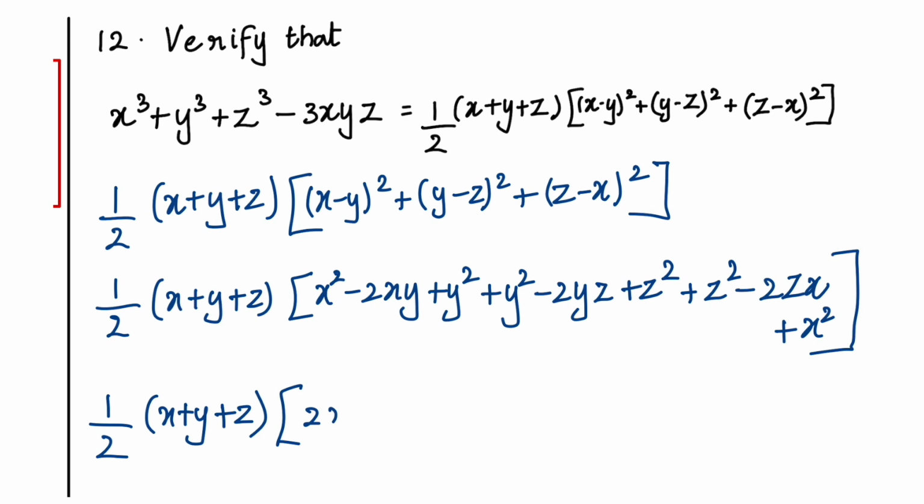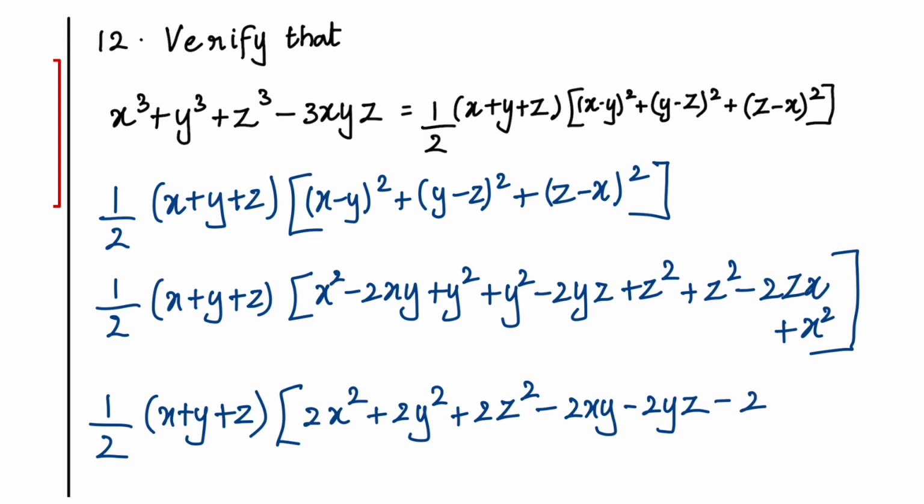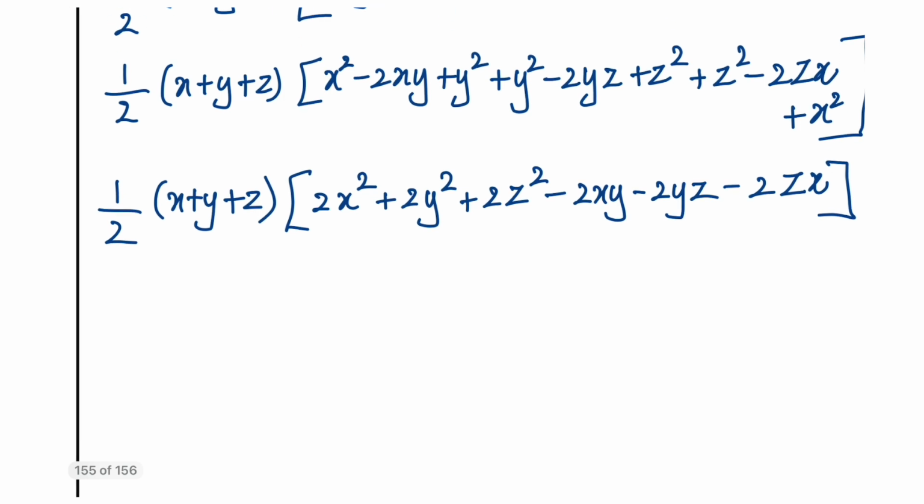So it's going to be 2x squared plus 2y squared plus 2z squared minus 2xy minus 2yz minus 2zx. So that is the term that we have. Now if you can see, let me just move this over.